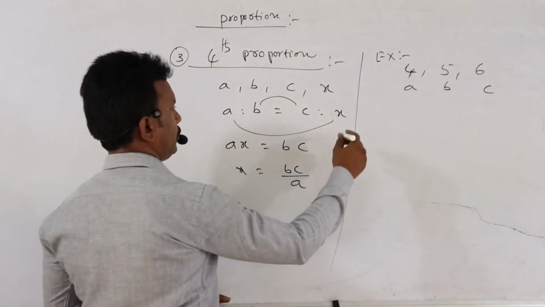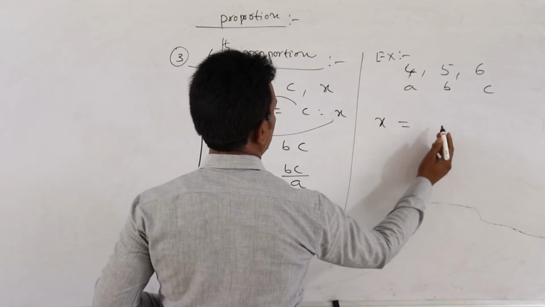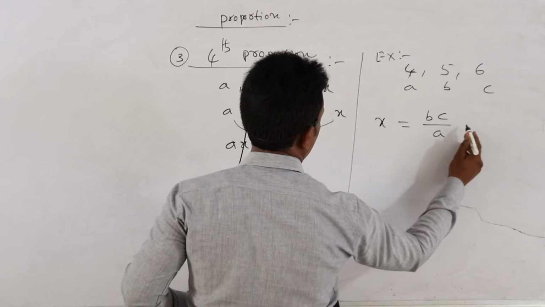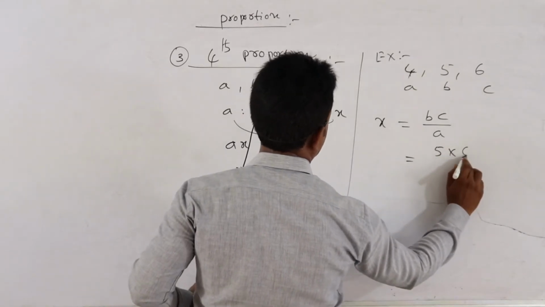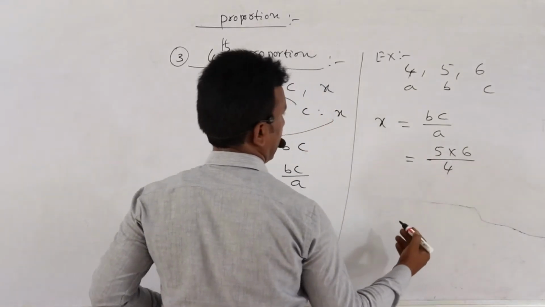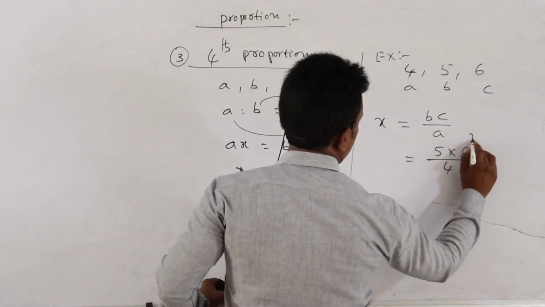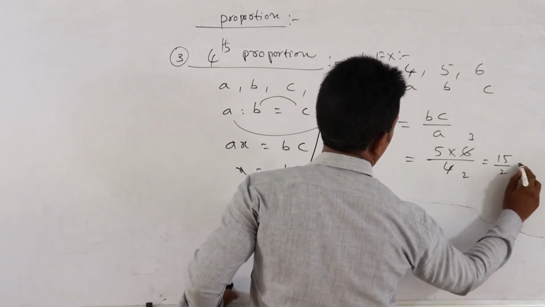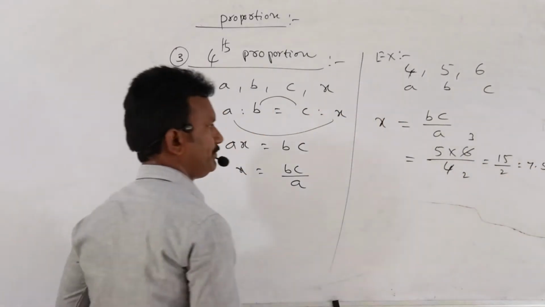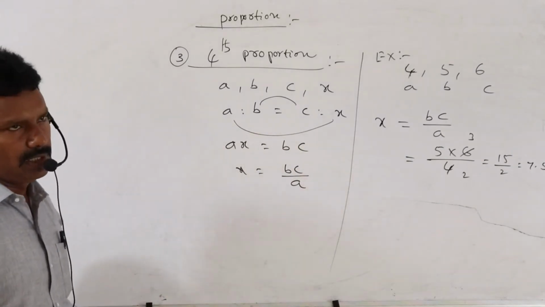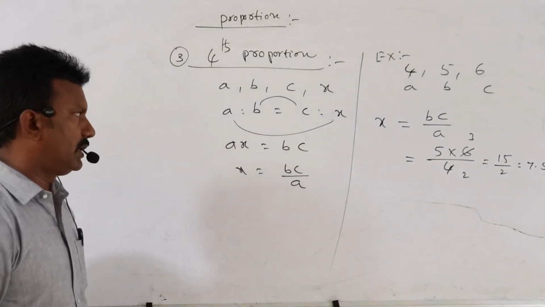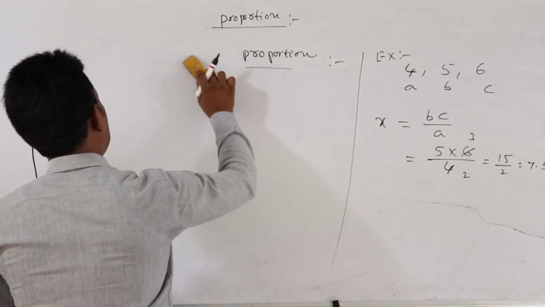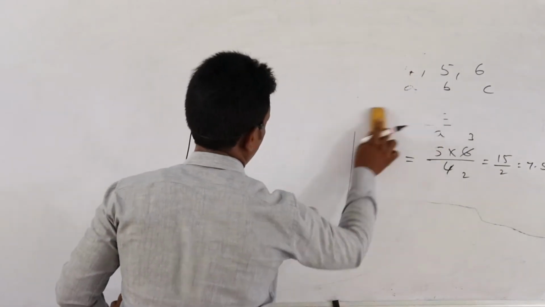We find the fourth proportional X, equal to, following the shortcut BC by A, that is 5 into 6 by 4. With cancellation, 2 twos are 4 and 3 twos are 6, equal to 5 into 3, 15, 15 by 2 equal to 7.5. So 7.5 is our fourth proportional. These are the types of proportions.